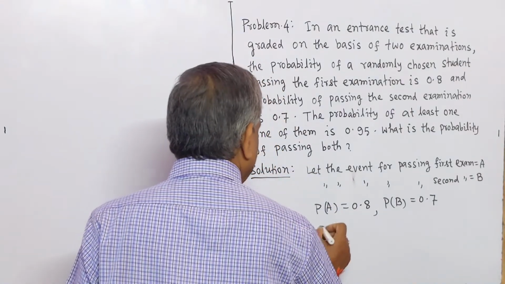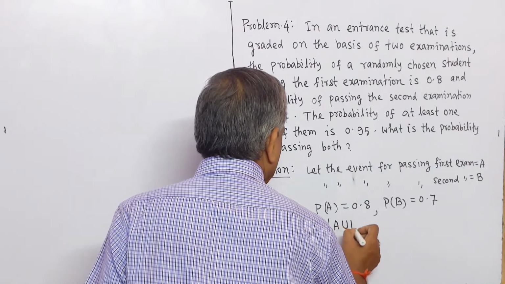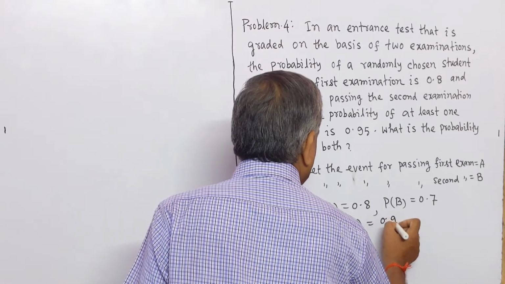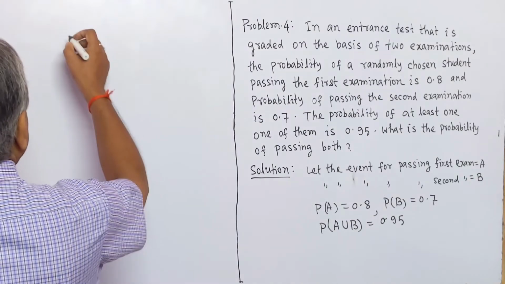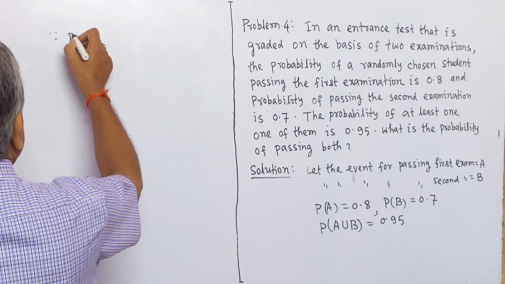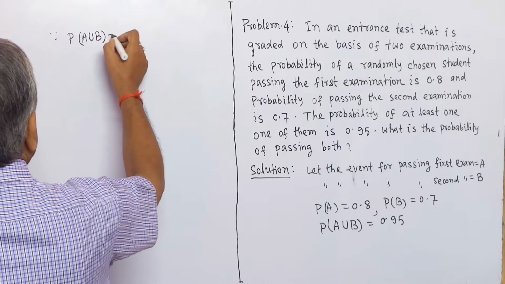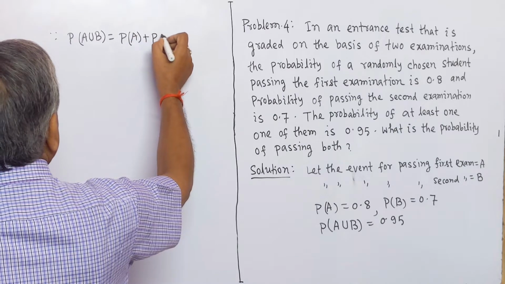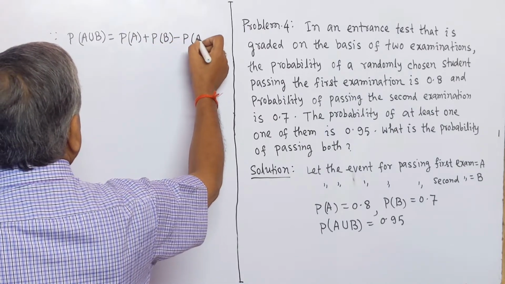That is probability of A union B equal to 0.95. Since from total probability we know that P A union B equal to PA plus PB minus PA intersect B.